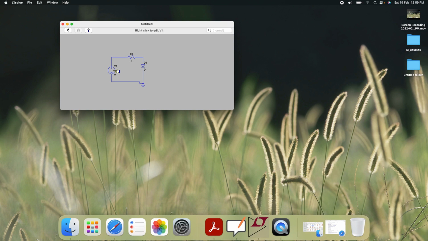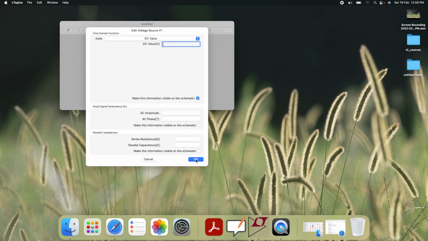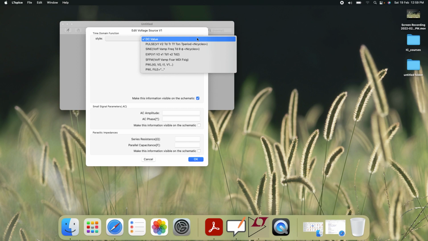Go to there again. Use right click, and if you want to give some DC value, because this is a DC source, then it's fine. But if you want to change it to something else, go to advanced, where various kinds of sources are available. You can see DC, pulse, sine, exponential, SFFM, PWL, PWL files, all these things are given, right?